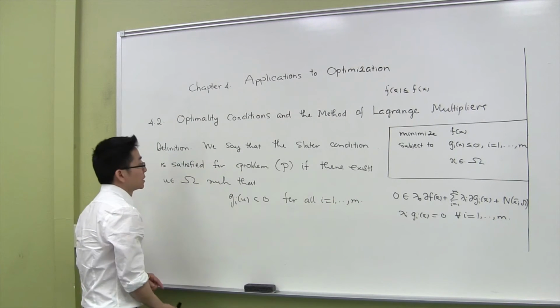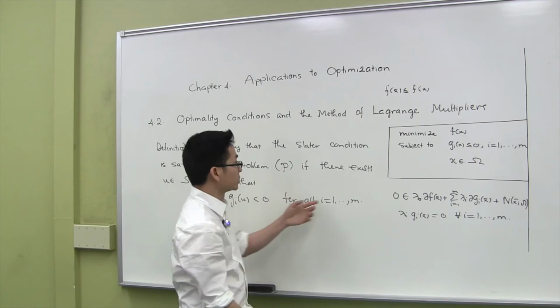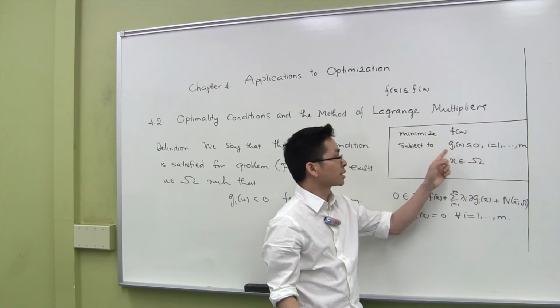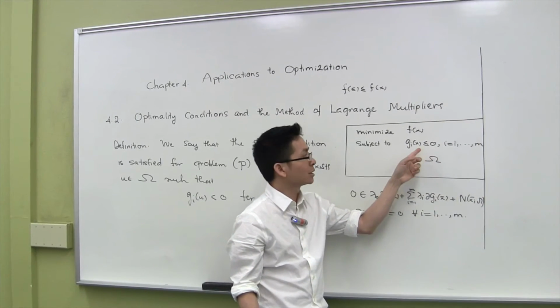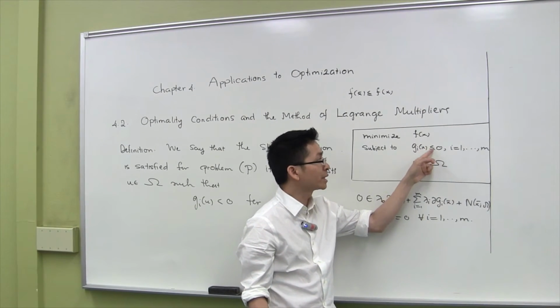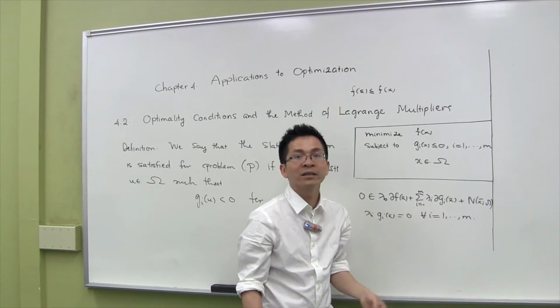Okay, that means there exists a feasible solution u such that these inequalities are strict. That means gi of u is strictly less than 0 for all I from 1 to m.